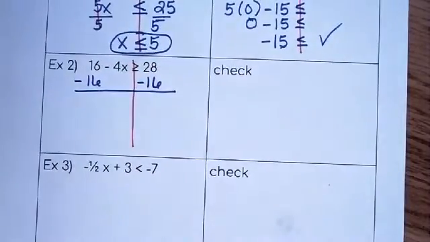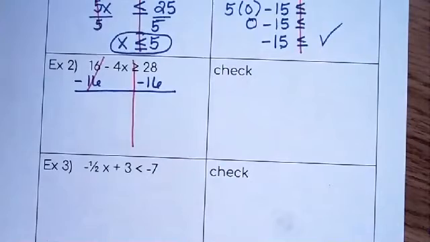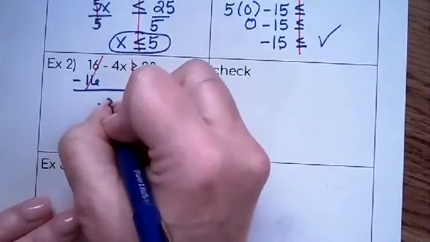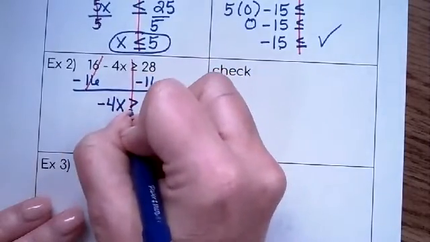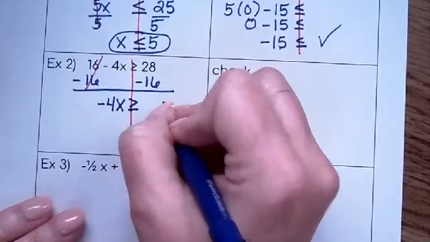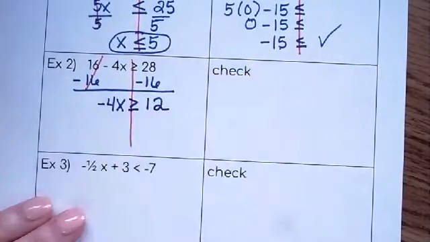Okay. Well, we know 16 minus 16 is going to cancel each other out. Now, what am I left with here? I'm left with negative 4x greater than or equal to 28 minus 16, which is going to be positive 12.